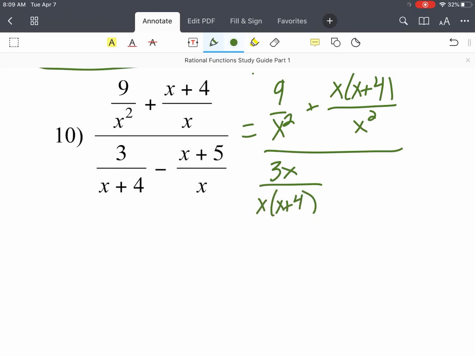So the left one needs an x, minus, all right, the right one needs an x plus 4.